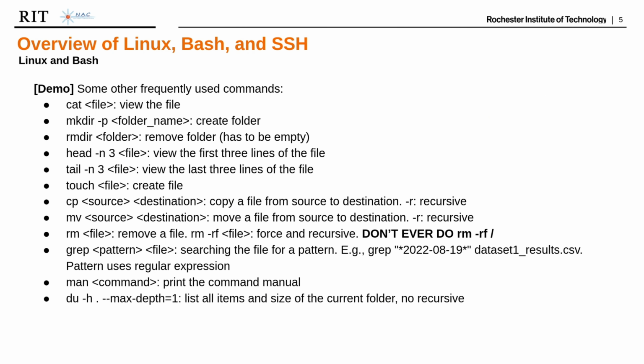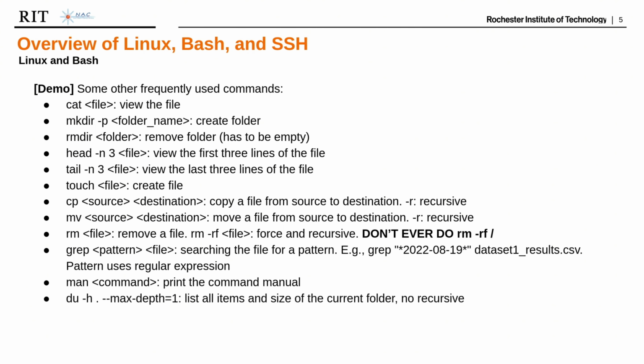If we want to remove multiple files in a single folder, you can pass the folder in with the -rf option. The r means recursive and the f means force. Please note that we should not do rm -rf / because if we do that, we will remove the whole operating system, resulting in a corrupted operating system or corrupted Linux.